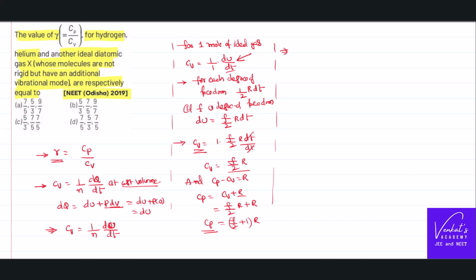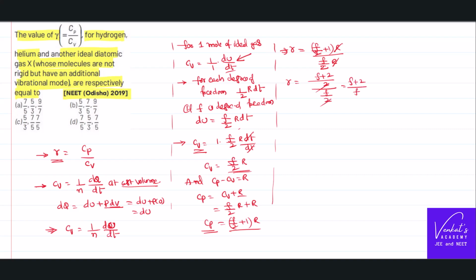That implies gamma in terms of degrees of freedom is Cp, which is F by 2 plus 1 times R, by Cv, which is F by 2 times R. R cancels. So gamma equals, if I take 2 as LCM, F plus 2 by F by 2. 2 cancels.